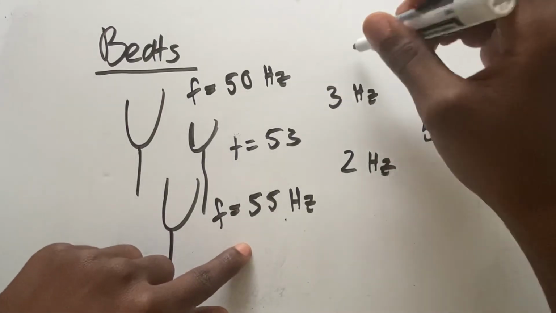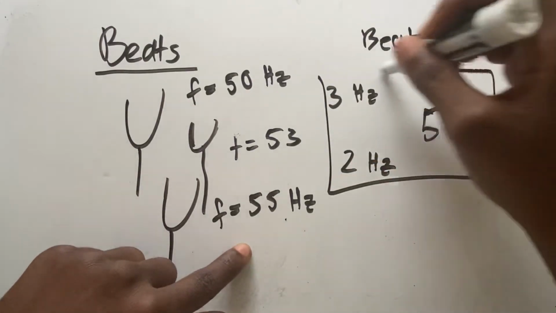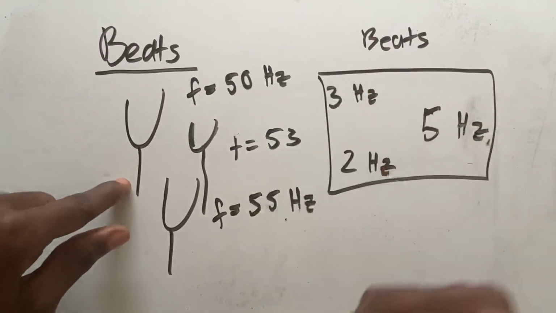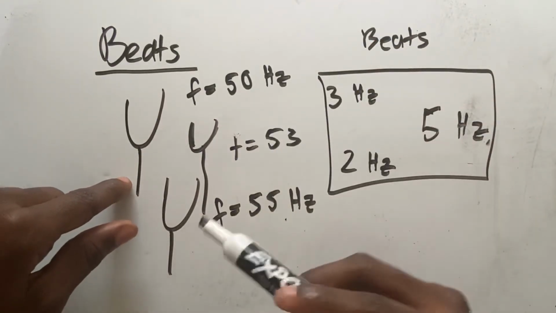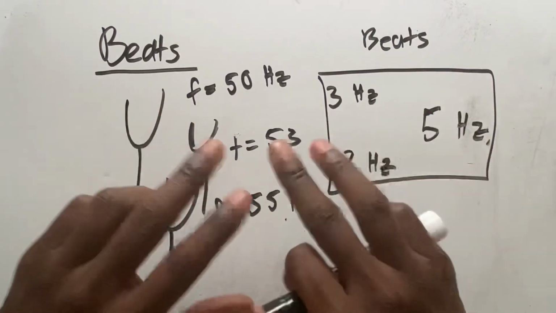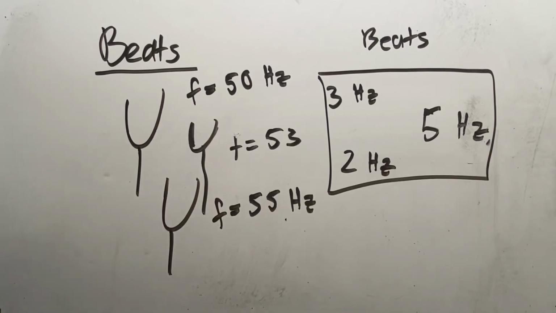So now these are the beats that are produced by these frequencies. So that's kind of all you need to know for beats and how they're produced. So now back to the slides.